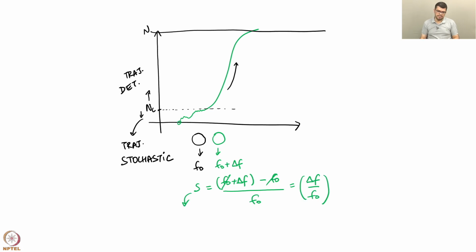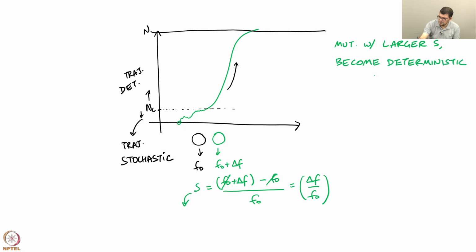Now, if that is the case, what we know from mathematical analysis of these systems is that mutations with larger S become deterministic, their trajectories become deterministic with fewer individuals.